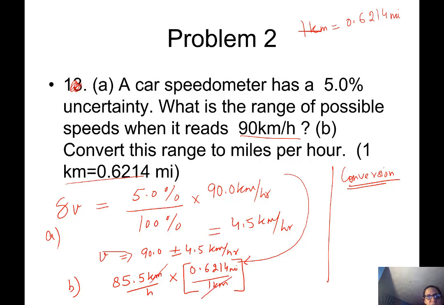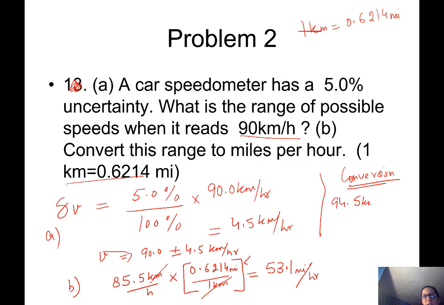The kilometer and kilometer go away, and once we multiply these numbers, you use your calculator and you see that we get 53.1 miles per hour. This is the lower limit. Similarly, if I convert 94.5 kilometers per hour into miles, using the same technique, I will get 58.7 miles per hour.